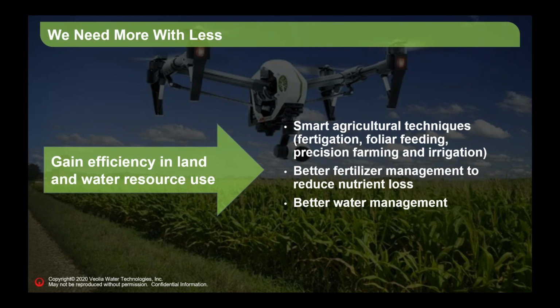That's why fertigation, foliar feeding, precision farming, and irrigation are increasing a lot recently, and they are expected to increase more and more with the increase in need to boost productivity.